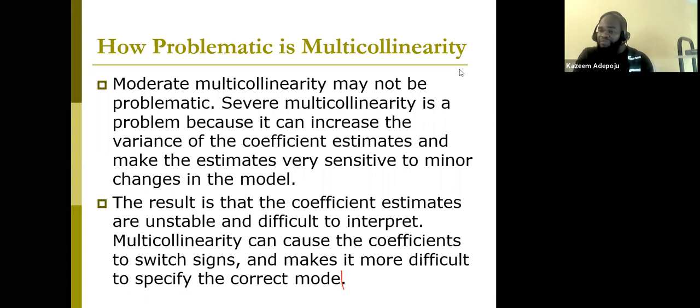The only thing you need to do is first correct for that multicollinearity and adjust the model before you can have your model stable. Otherwise, whatever decision you take with the model will not be valid. Did you get that? Okay.